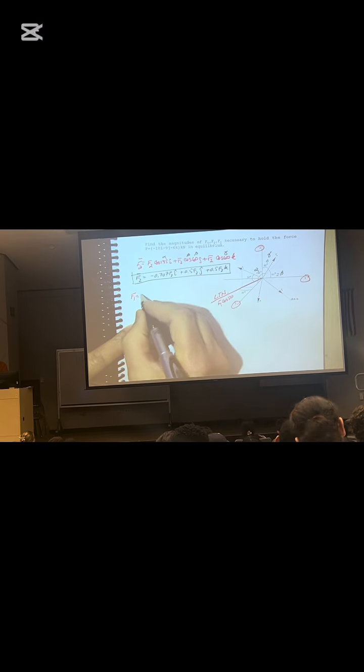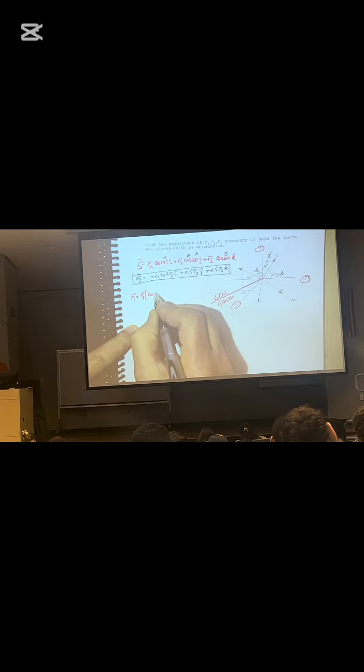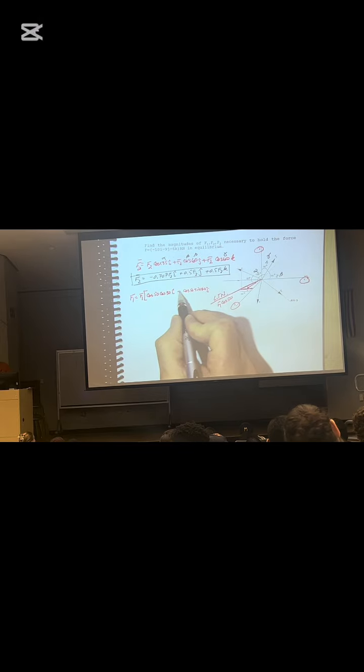So this F1 has to be F1 times cosine 50 cosine 30 i. Next, I'm going to have cosine 50 sine 30 j. But this puts me right here, so this is the opposite to 30. That puts me on the negative j, or y, so I've got to put a negative on that.